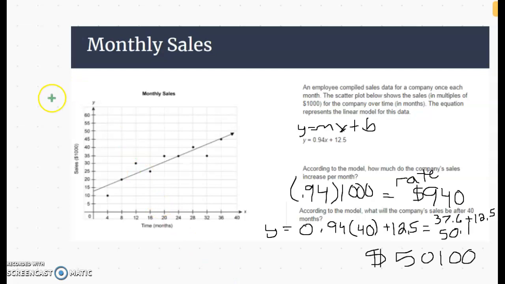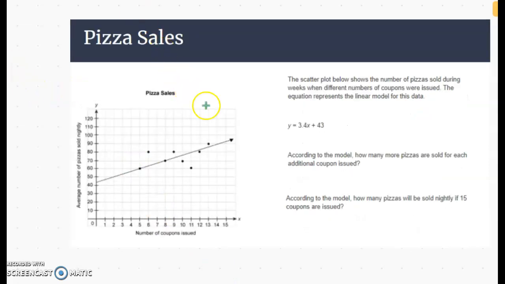Let's look at one more. Pizza sales. The y-axis is the average number of pizzas sold nightly, and the x-axis is number of coupons. So this company wants to compare the coupons to the average number of pizzas, to see if the trend is that the more coupons they issue, the more pizzas they sell. According to the model, yes, they do.